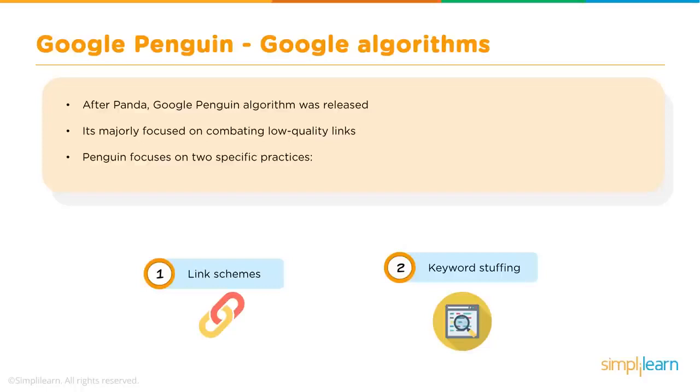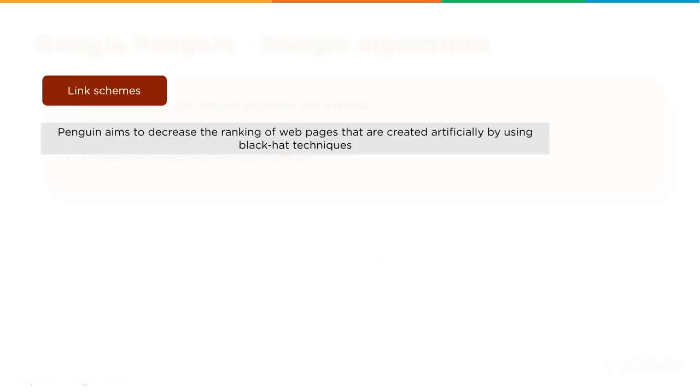Sites that had a lot of external links pointing to other poor quality sites. So that's what Penguin did. They took a look at those two areas. And so if we talk about link schemes again, Penguin's aim was to decrease the ranking of web pages that were artificially boosted by using black hat techniques.